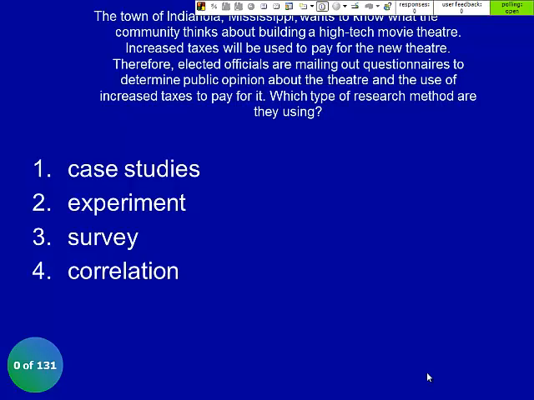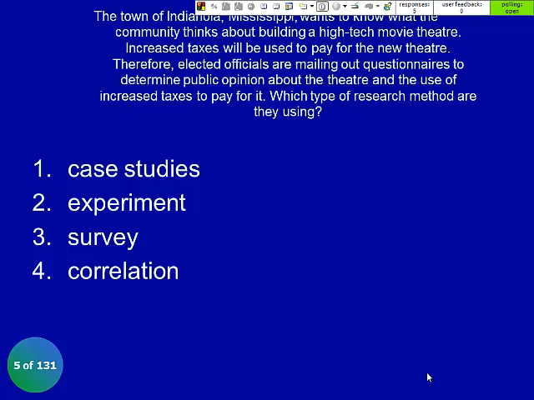Let's see if you were listening. For one point, the town of Indianola, Mississippi, wants to know what the community thinks about building a high-tech movie theater. Increased taxes will be used to pay for the new theater.